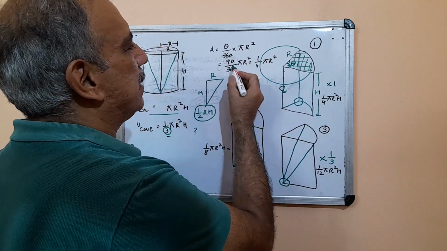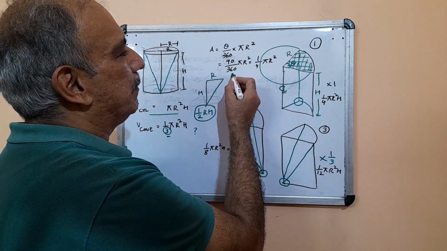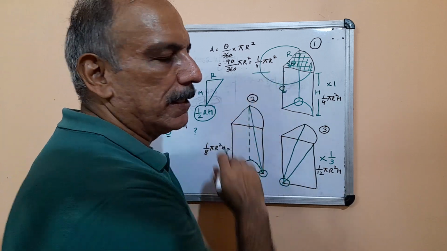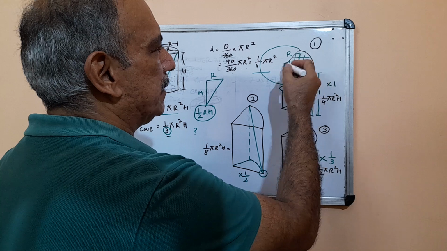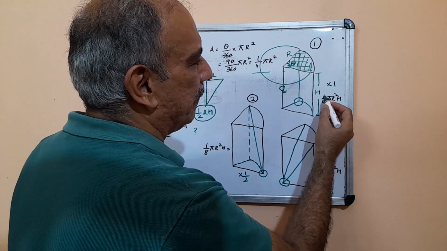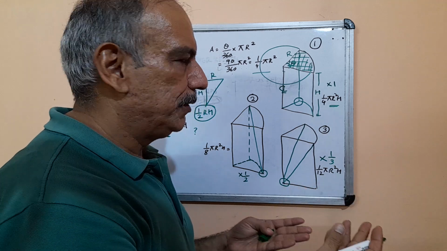So if theta is 90, we will say 90 divided by 360 into pi r square, which will come out to be 1 by 4 pi r square. So this becomes the area, and then when we multiply it with the height, it will become 1 by 4 pi r square h, right?